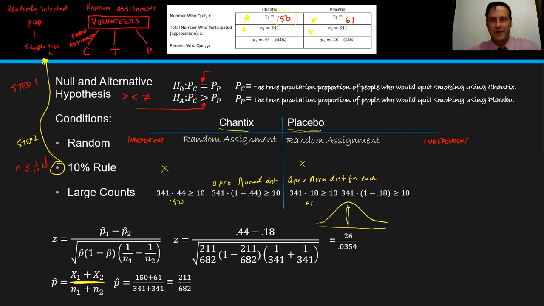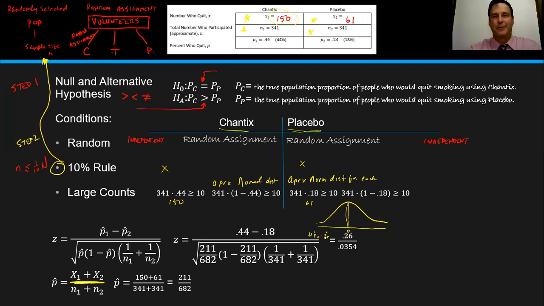Right down the middle, I've got a 0. And what is that? I don't really have a lot of room, but I'm going to just put it right here. It's the average of all the Chantix minus placebo samples that could occur.